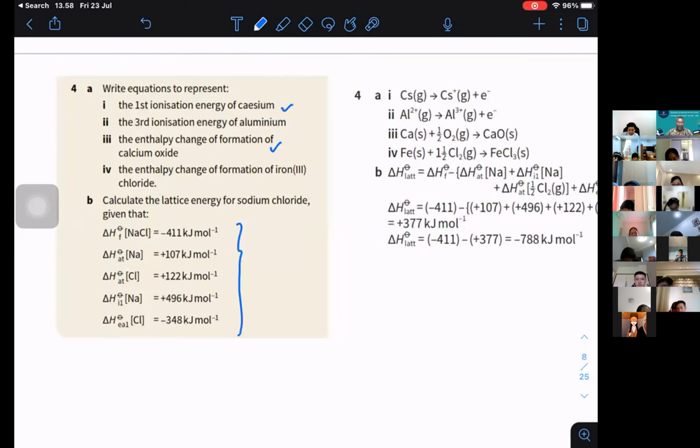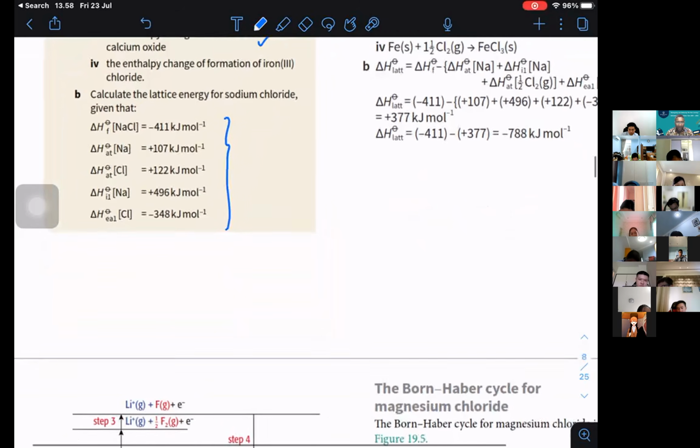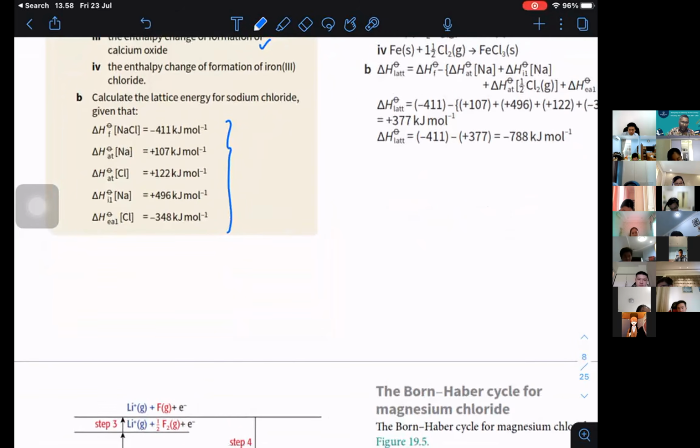Maybe we have time, so I'll just show you how this one can be done. You can see the enthalpy of formation is negative 411. First thing you put over here, to form NaCl solid, you are forming it from sodium solid and half Cl2, which is going to be gas.